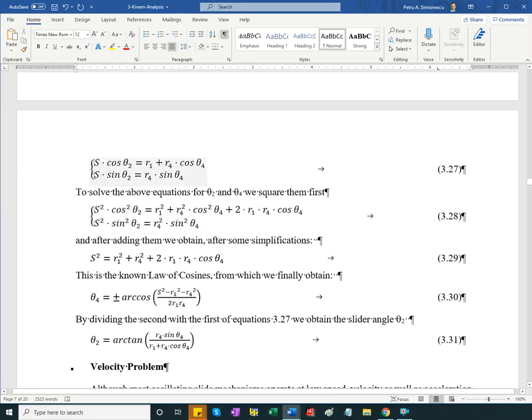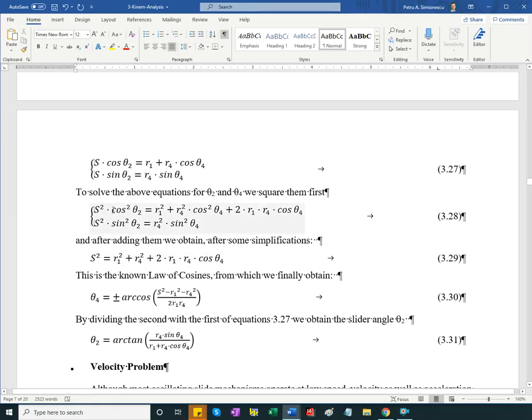So what do we do? We square, we isolate the theta 4 angle on one side, or theta 2, depending on which one we want to get rid of. Since we care more about theta 4 than theta 2, we are leaving theta 2 angles or trig functions on one side. Square.